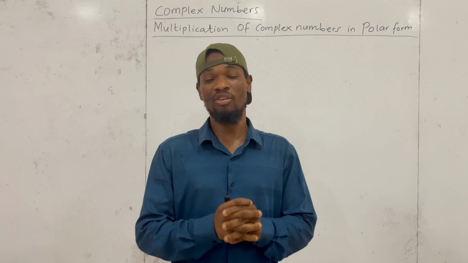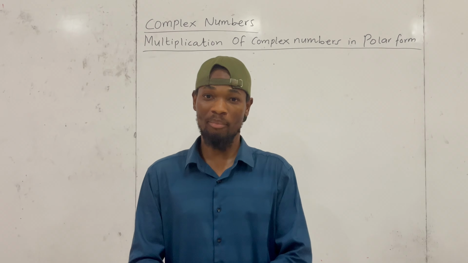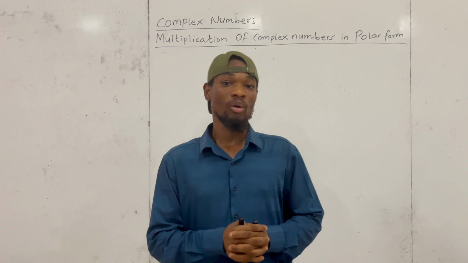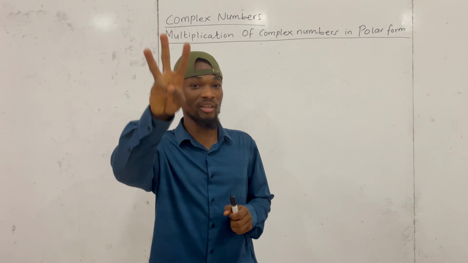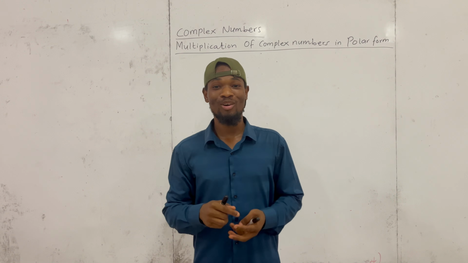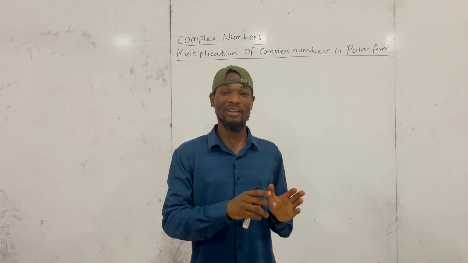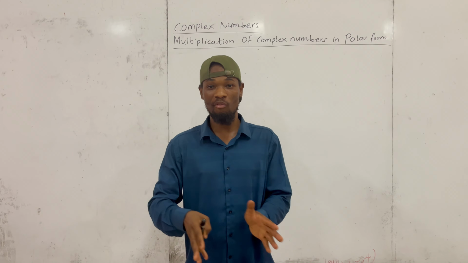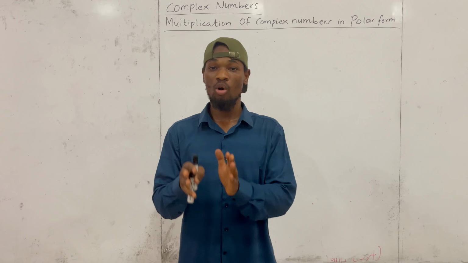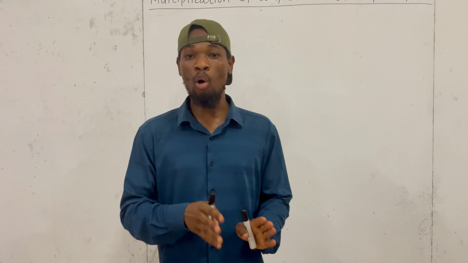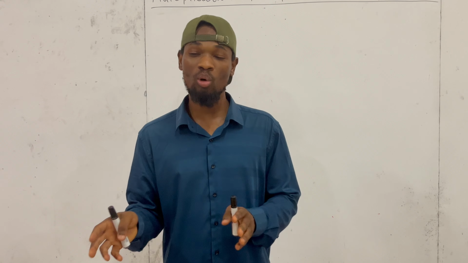We are still treating complex numbers. In our previous videos, we learned that there are three ways we can represent complex numbers. Number one is the rectangular coordinate or the Cartesian form. The second one is the polar form or the circular form.